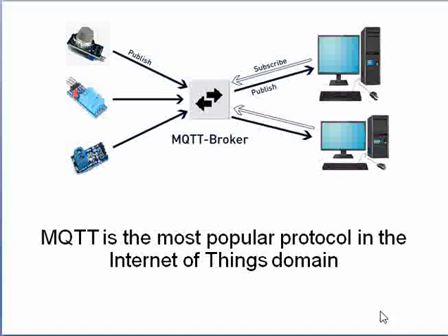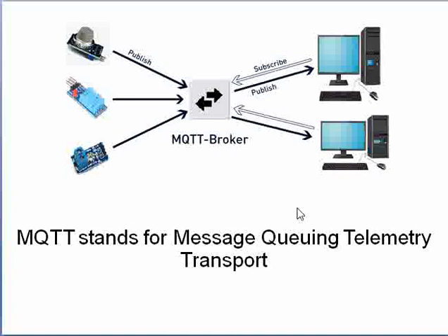It is so popular that most of us use MQTT in the IoT domain. So what does MQTT stand for? MQTT stands for Message Queuing Telemetry Transport. While this is a very old name, the roots of the MQTT name is from Message Queuing Telemetry Transport only.